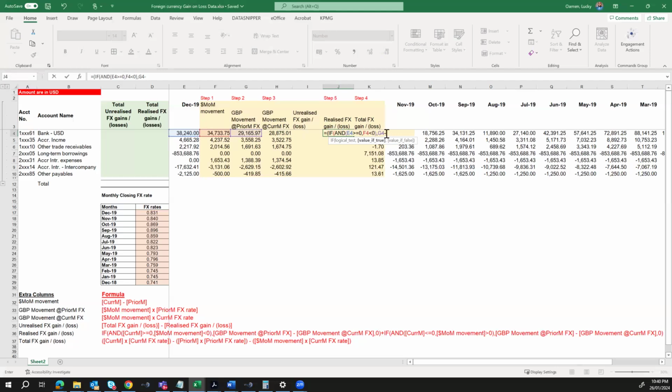So if these two conditions exist, bring the difference between the amount in step 2 and the amount in step 3. But if these conditions do not exist, bring 0. So this is the first argument for the asset leg.